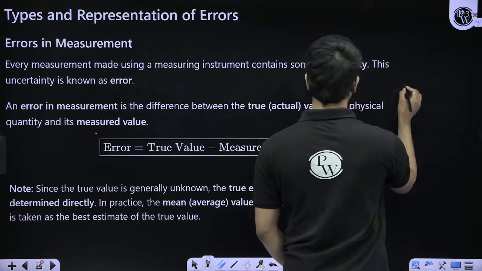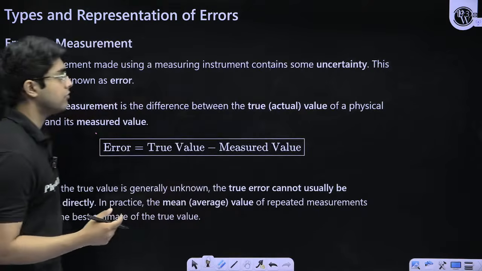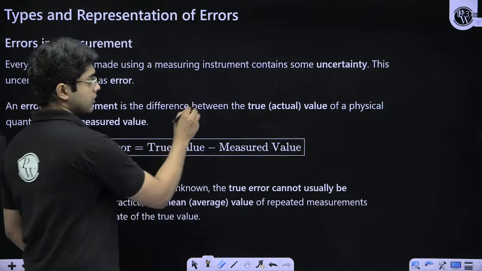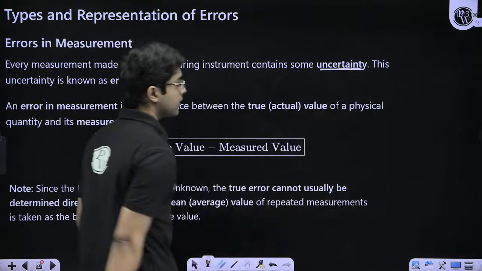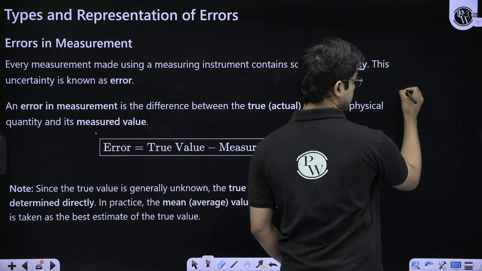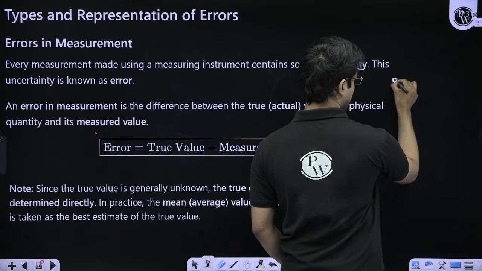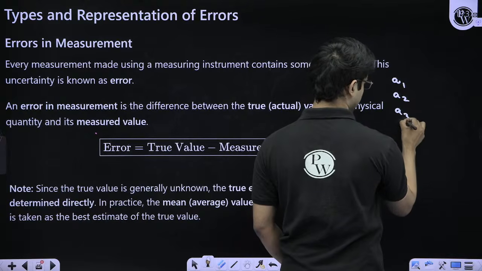Error is basically this: whichever measurement we make, we will have to use some instrument to make that measurement, right? And any instrument you use will have some uncertainty. Like what we mean is, if you're trying to measure the weight of an object and you're taking multiple readings, let's say 3 or 4 readings.